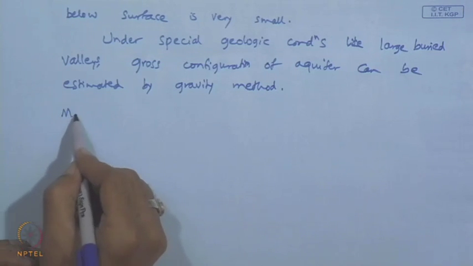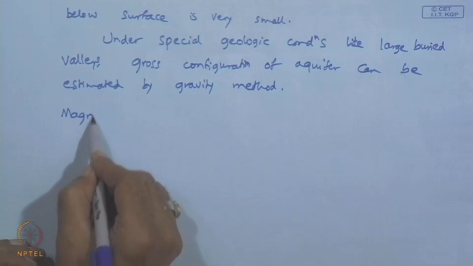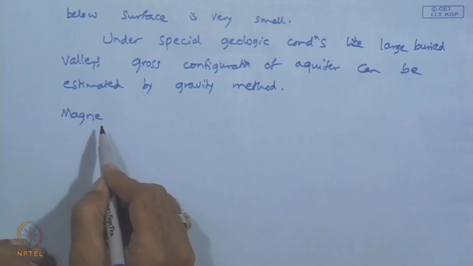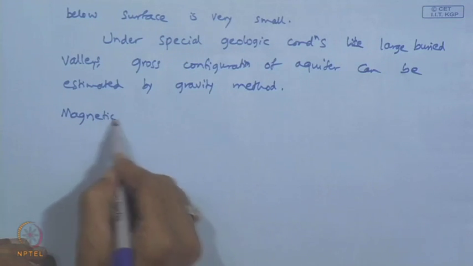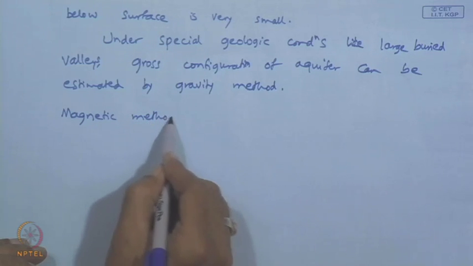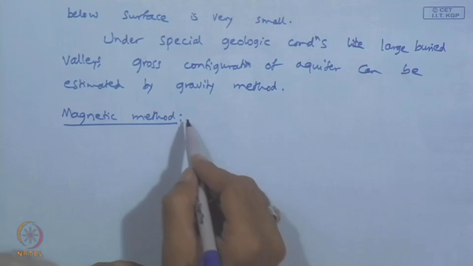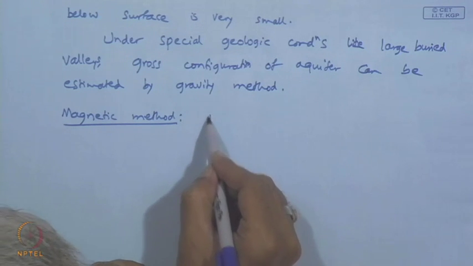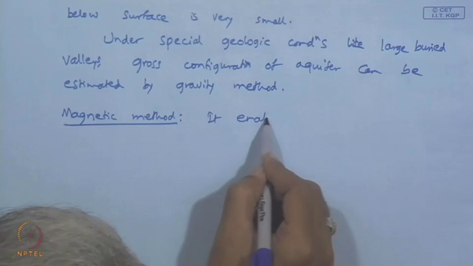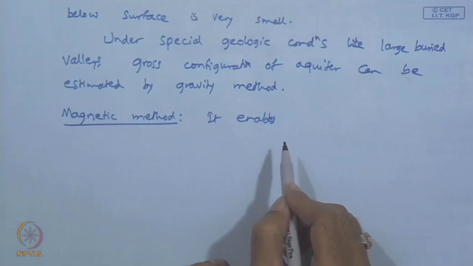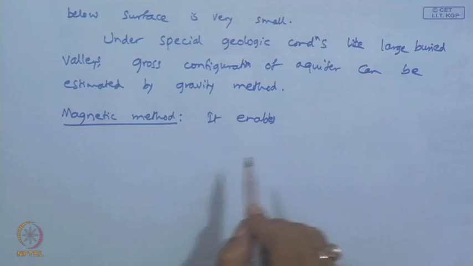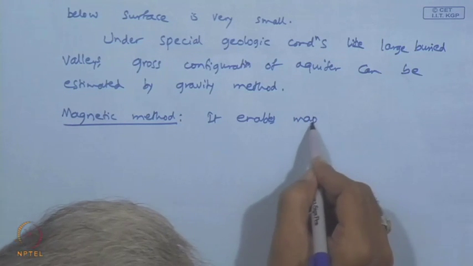So, lastly, we will go to the last method in this surface groundwater investigation, that is the magnetic method. So, this magnetic method enables the mapping of magnetic fields.